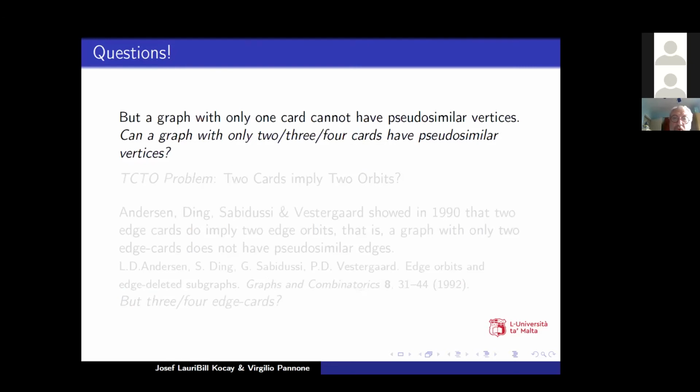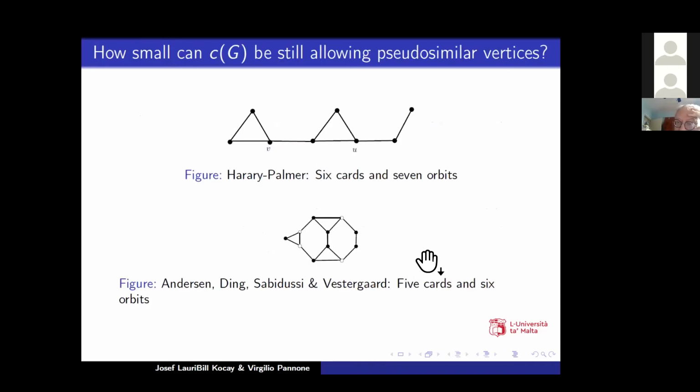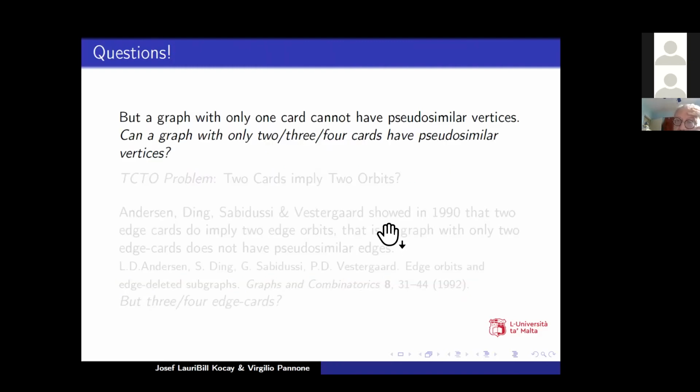So with only 1 card, we cannot have pseudosimilar vertices. Why? Because with only 1 card, as I said, the graph is regular, and regular graphs cannot have pseudosimilar vertices. But what about if the graph has only 2 cards, or only 3 cards, or only 4 cards? Because with 5 cards, we know it can have pseudosimilar vertices.